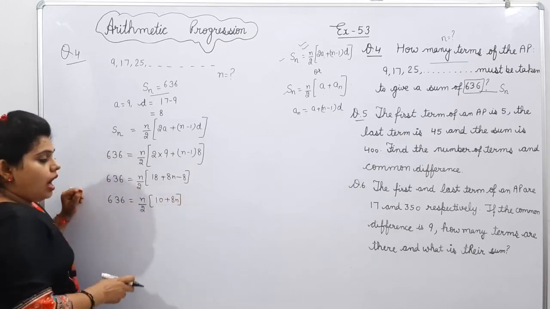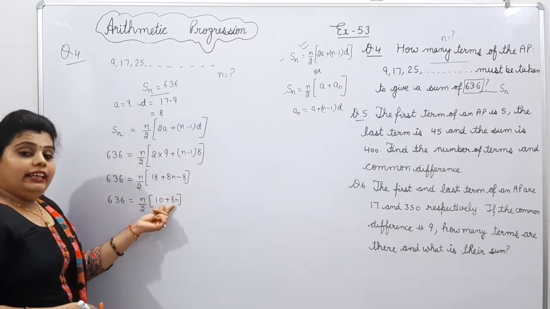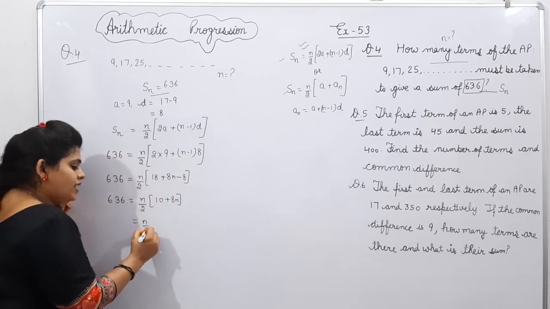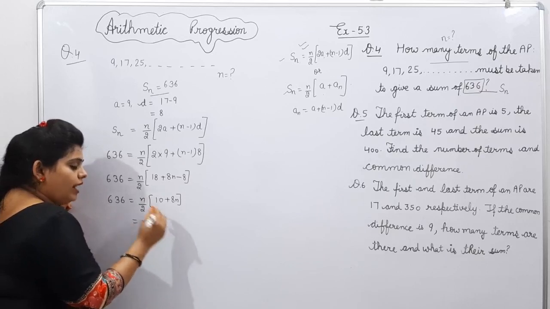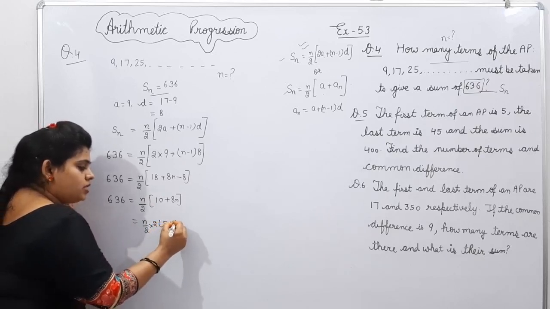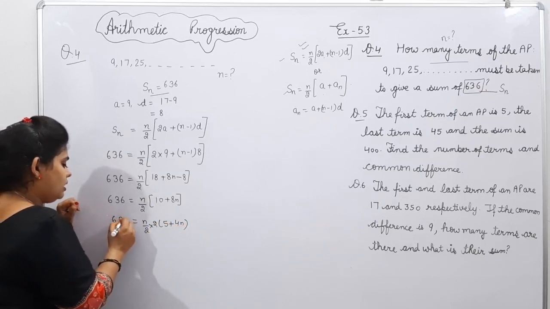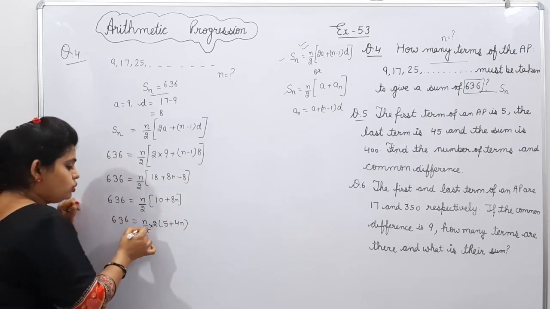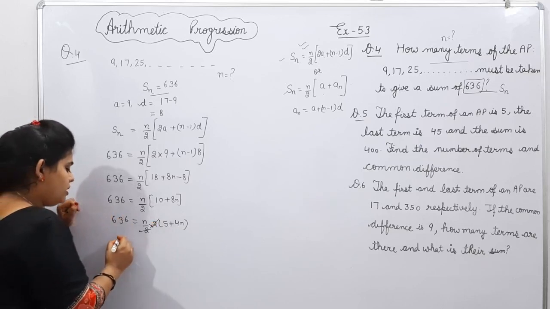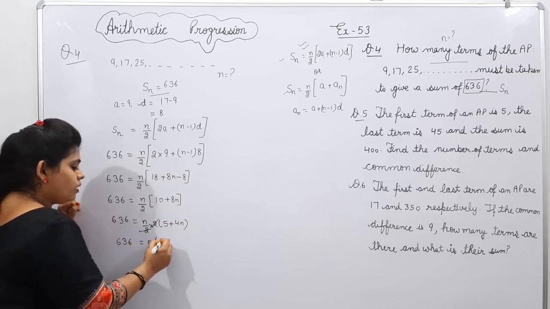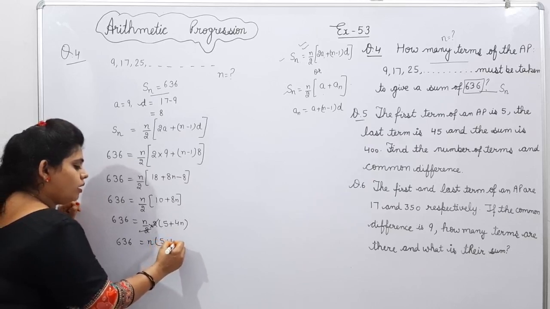8n. Now we can observe that in these two terms 2 is common. Taking 2 as common, what will be left? 5 plus 4n, and it is equal to 636. The 2 cancels out. From here, 636 is equal to n into 5 plus 4n.